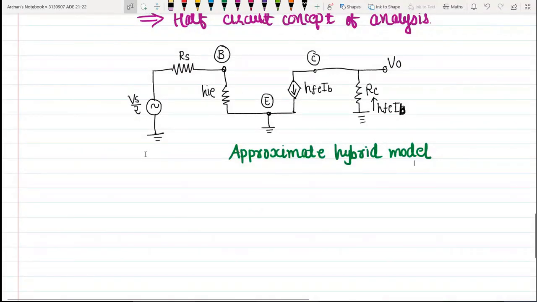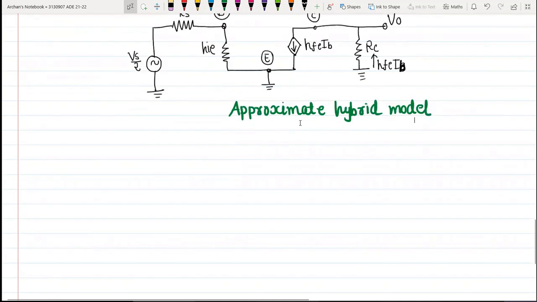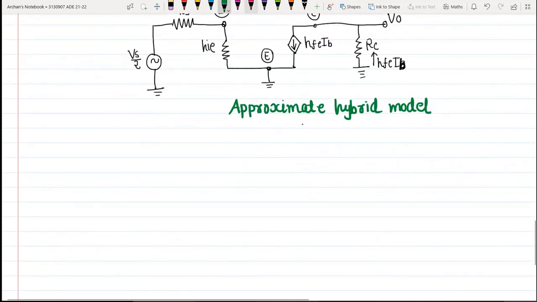We have two loops here: this is called the input loop, and this is called the output loop. First we will apply Kirchhoff's voltage law to the input loop, and then apply KVL to the output loop, and let us see what equations we are getting.